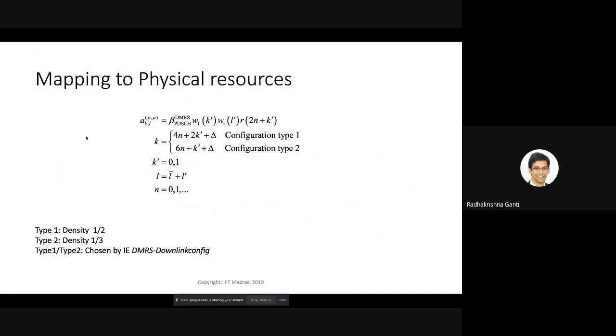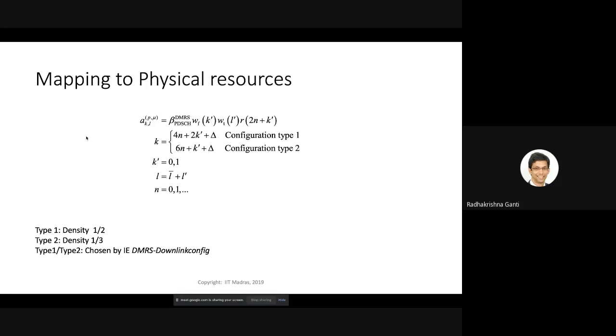So now the next question is, you have generated the sequence based on the slot number and the sequence number. You have some QPSK symbols. How do you put them in the grid? There are two types of DMRS signals. One is called type 1 DMRS, another is called type 2 DMRS. Type 1 DMRS is of density half.